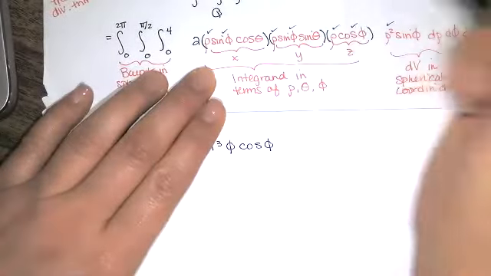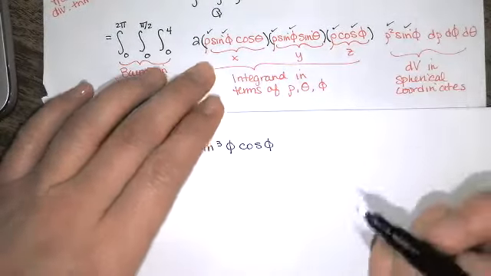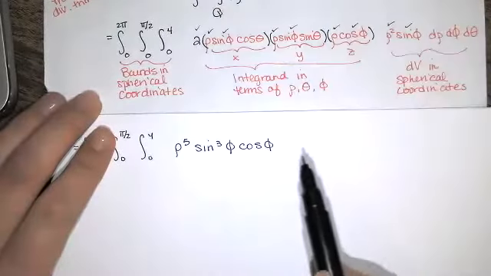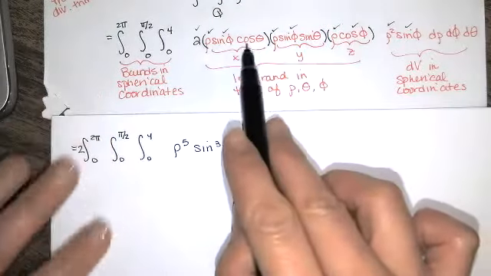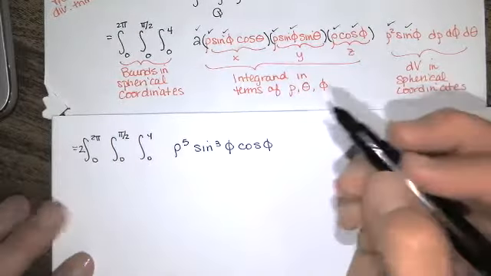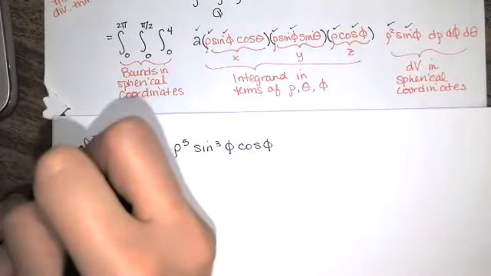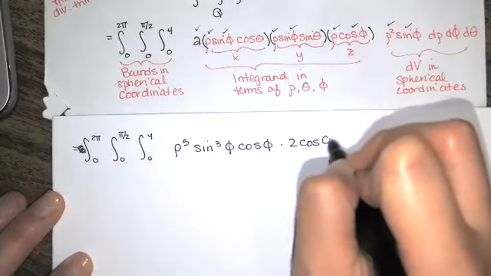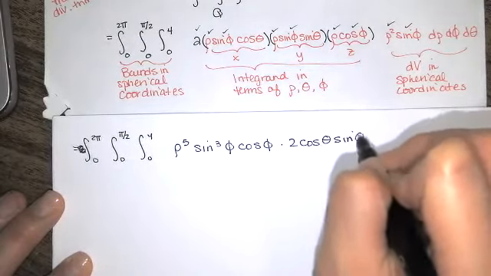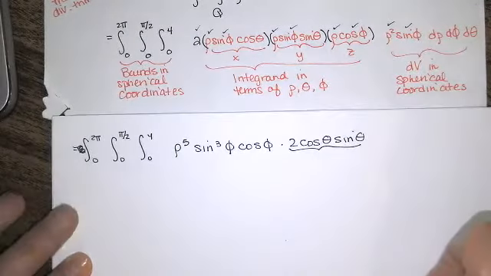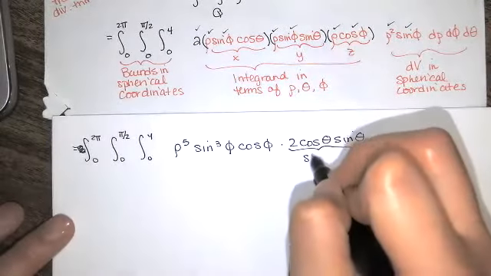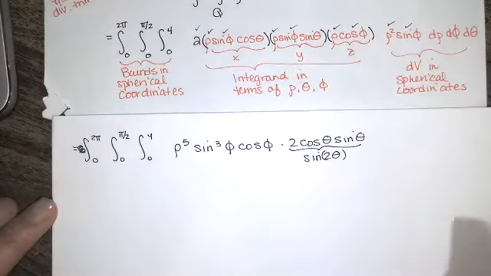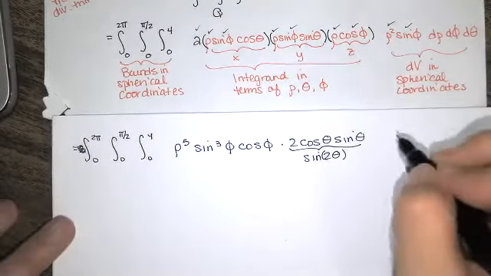Okay, what's left? I took care of the 2. And it looks like I still have a cosine of theta and a sine of theta. Actually, I'm going to bring that 2 over here. Cosine of theta and sine of theta, and there's a trig identity. It's a double angle formula. That's actually sine of 2 theta. This makes the integral just a hair easier to evaluate.